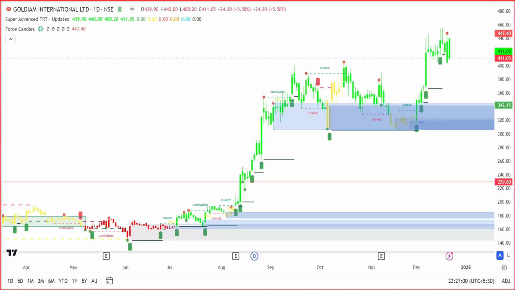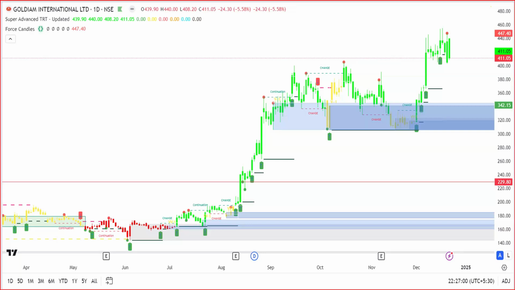So this is a chart of Goldium. Can anyone tell me what is happening here? There is a double bottom formation on an uptrend chart, and there is a breakout just a few candles before. Post breakout, it is sideways.